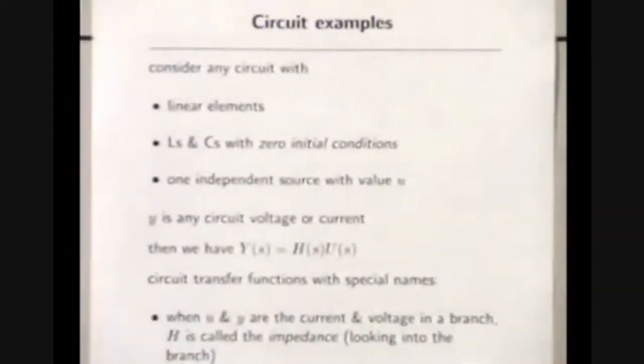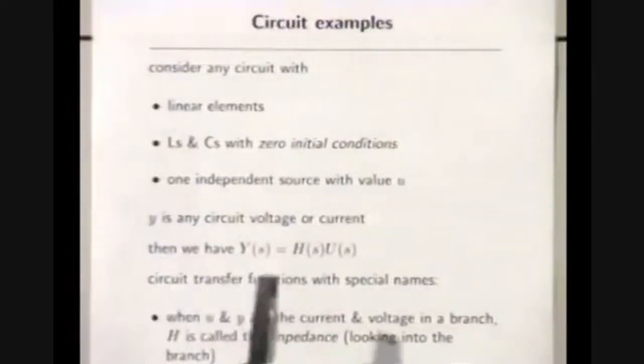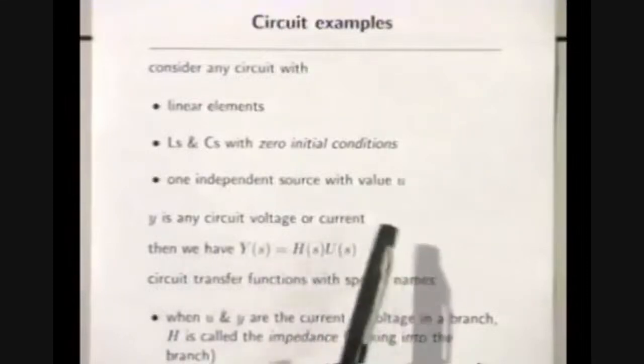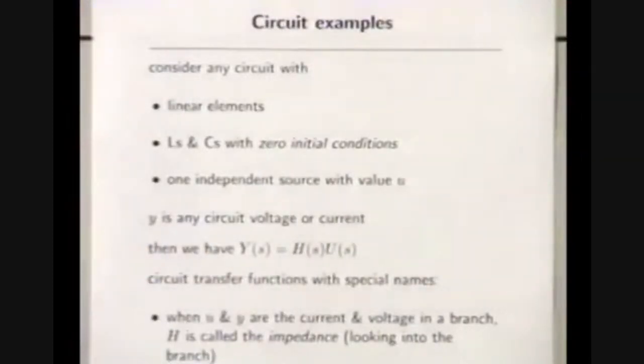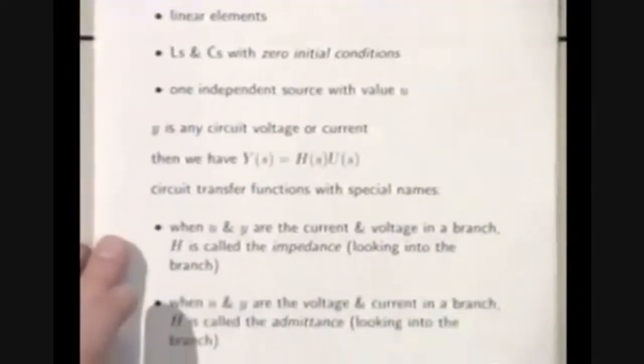Now circuits, same thing. We just saw precisely this in the last lecture. If you have a circuit with linear elements, LCs, with no initial conditions, then any circuit voltage or current is given by a transfer function, where the circuit is driven by a single source. These have special names.